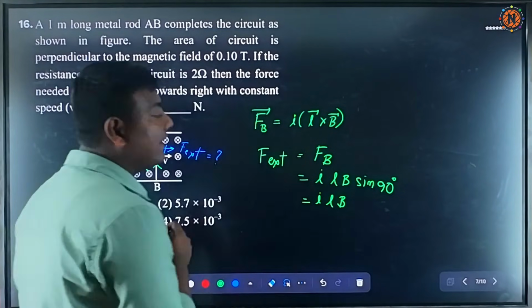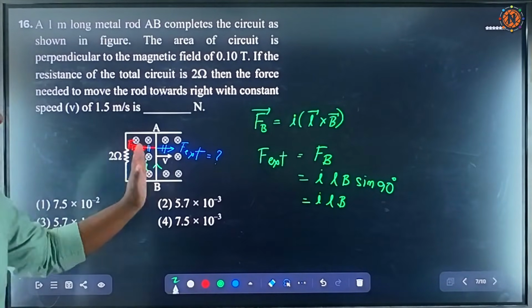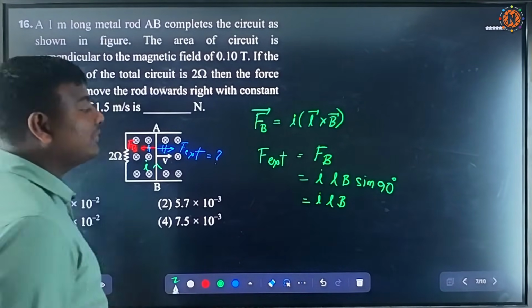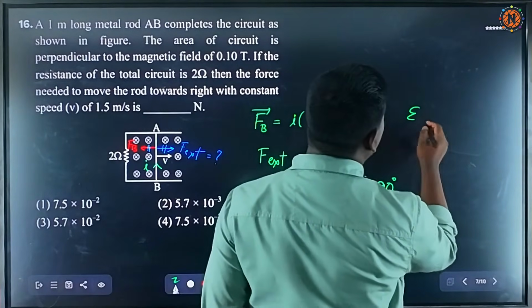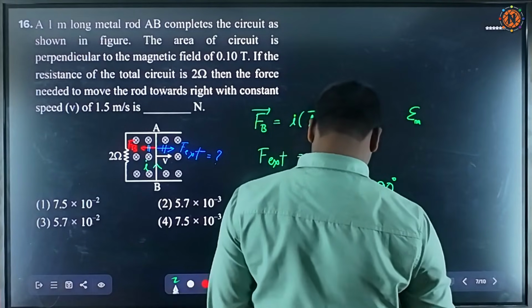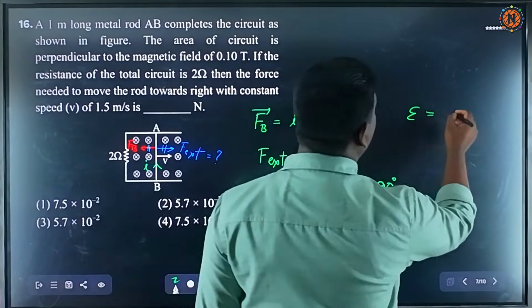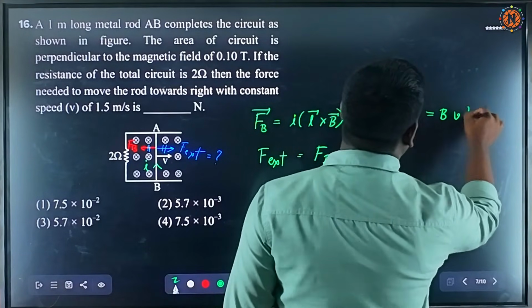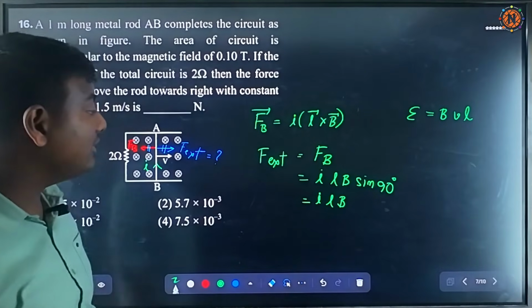Now how to find this current? Since this rod is moving with some speed V, it will produce an induced EMF, or motional EMF. Yes or no? We consider that as epsilon, and that will be nothing but BVL. B is the magnetic field, V is the speed of the rod, and L is the length of the rod.